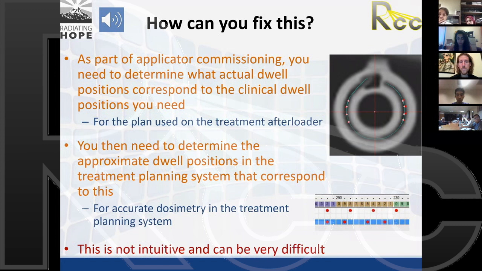However, you will then need to create a separate plan to determine the approximate dwell positions in the treatment planning system that correspond to the actual dwell positions you need on the treatment afterloader. This is required so that you have an accurate dosimetry display in the treatment planning system for evaluation of the treatment plan itself. This is really not an intuitive process and can be very, very difficult. And I highly suggest that this is not something that you attempt to do in your department.